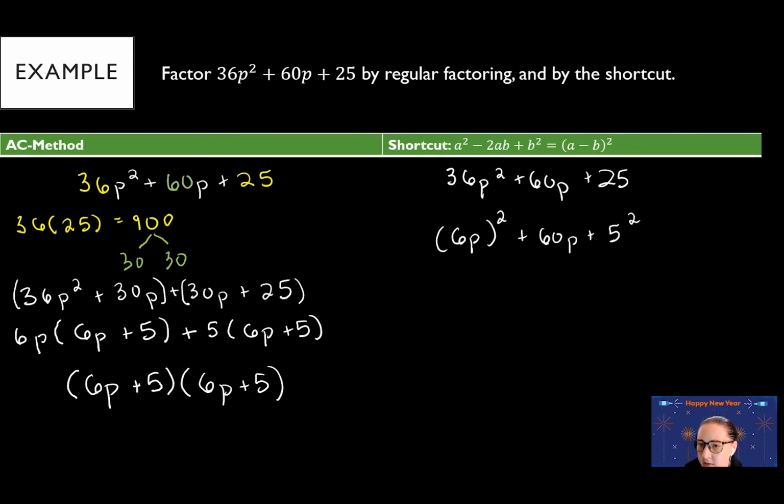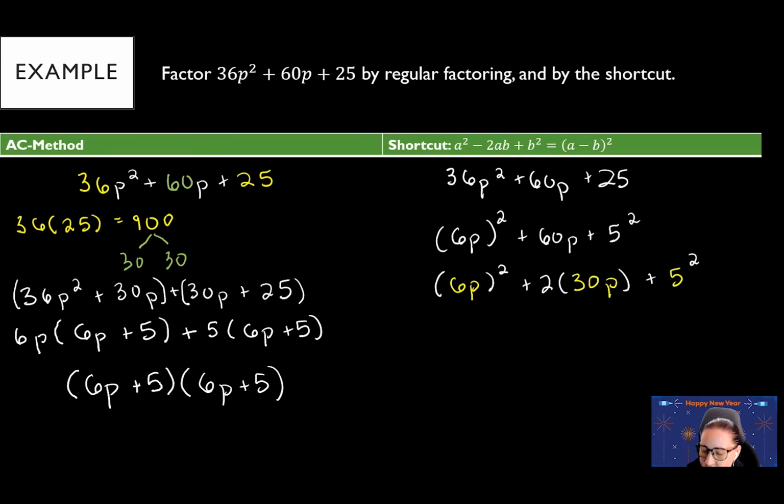So I can write that. My first term and my last term are both things that are squared. And then we need to check the middle. So we're going to divide the middle by 2, which gives me 30p. And then you're checking, if I take 6p times this 5, the things that are squared on the outsides, does that give me 30p?